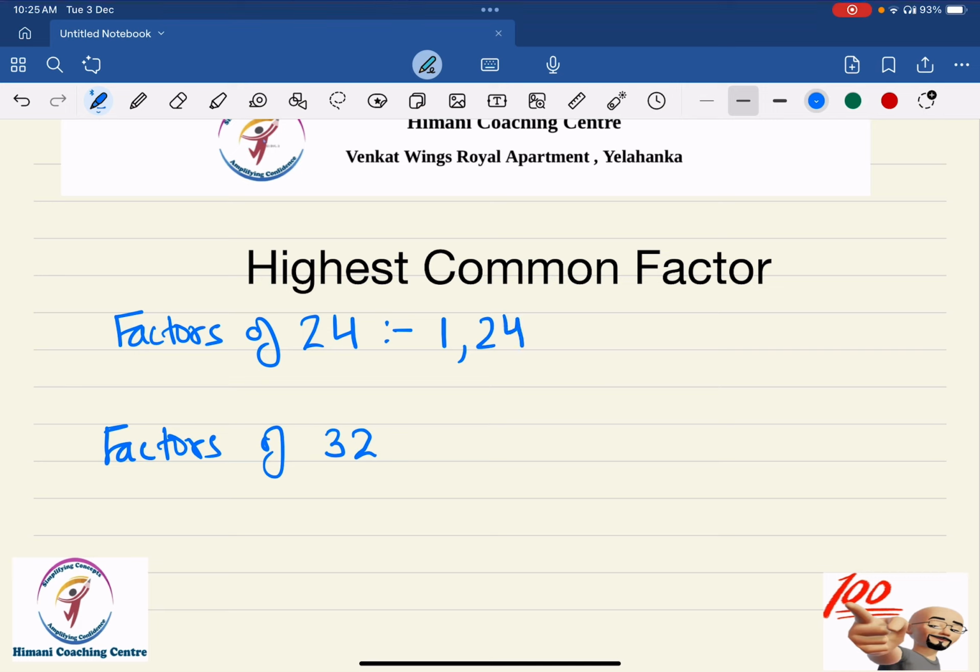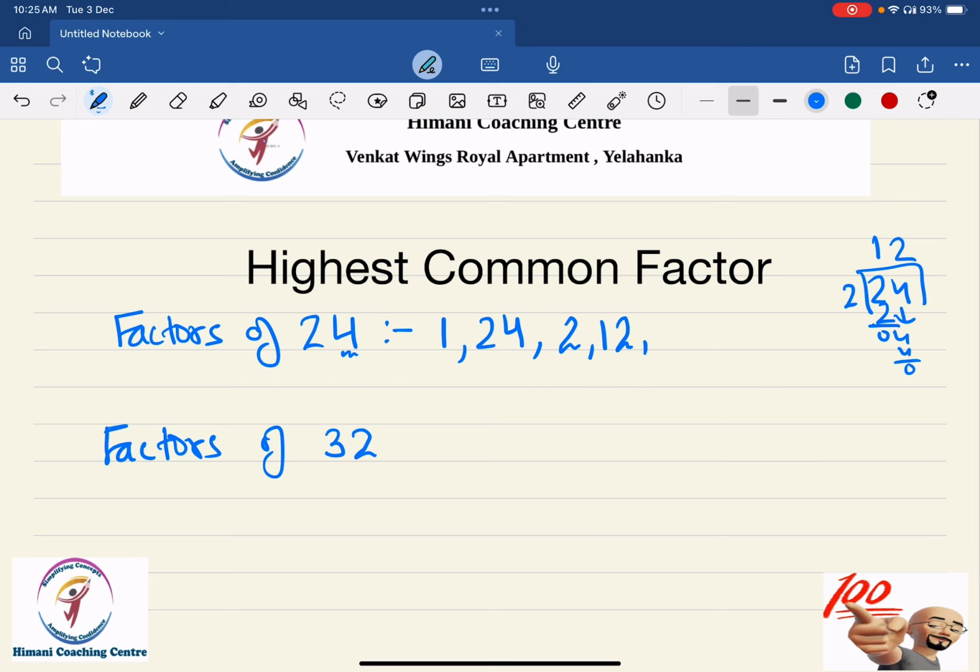Then you look for the table of 2. Since the unit digit is 4, yes, it is divisible by 2. So you write 2, then divide 24 by 2. When we divide, what will we get? 2 ones are 2, here 0, and then 4, 2 twos are 4. So remainder 0. That means 2 and 12.